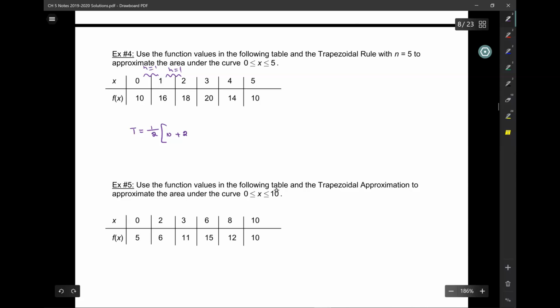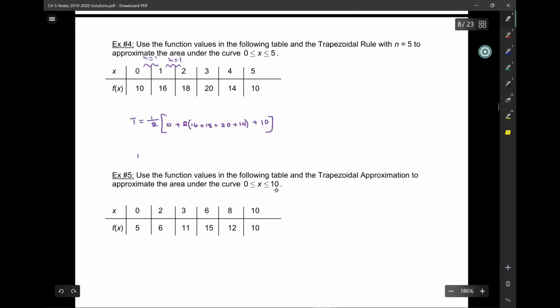So you can even do it this way: 2 times 16, 18, 20, 14, if you want to save some lead, plus 10. Okay? 78.